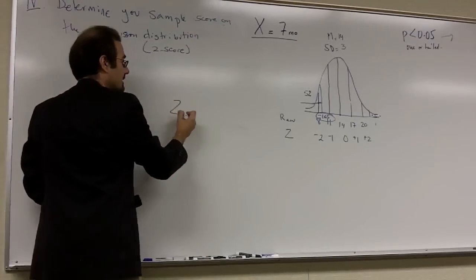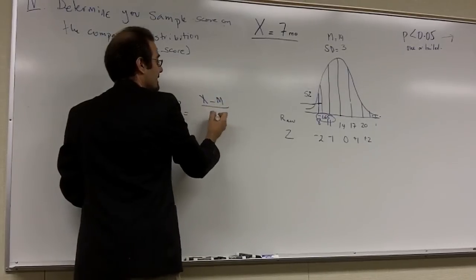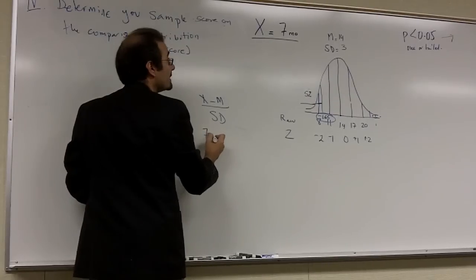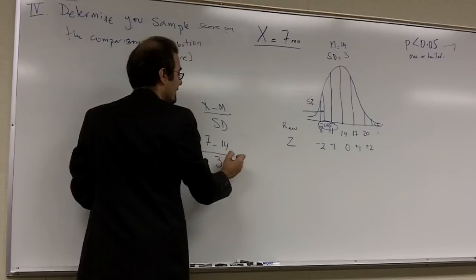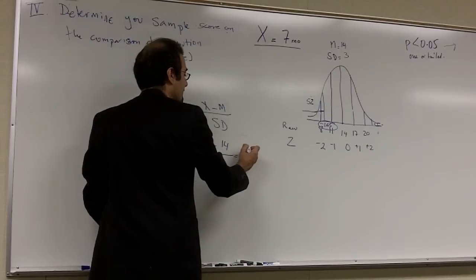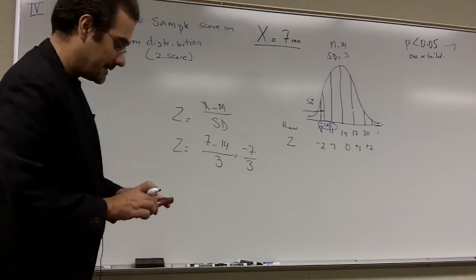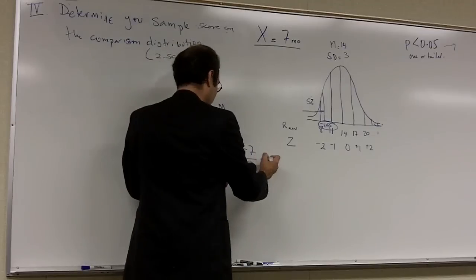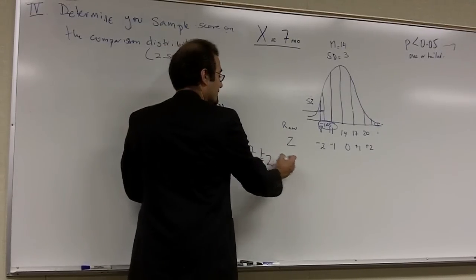Your z is equal to your x minus M over SD. Your z here is x, which is 7 months, minus the mean, which is 14 months, over 3, your standard deviation. And we're looking at minus 7 over 3. And that is negative 2.33. So this is your z-score.